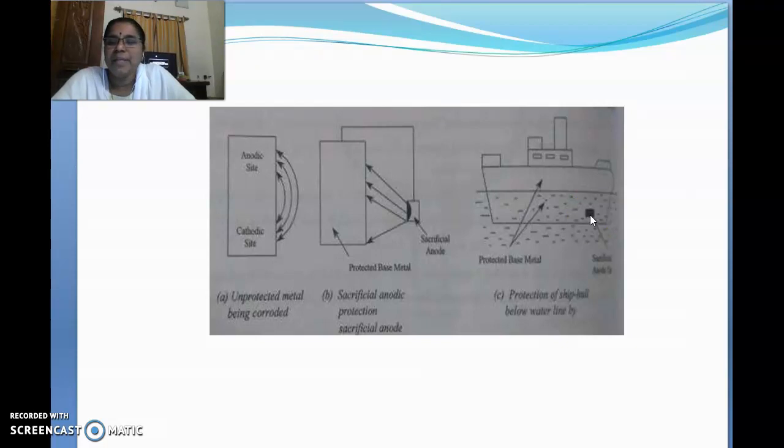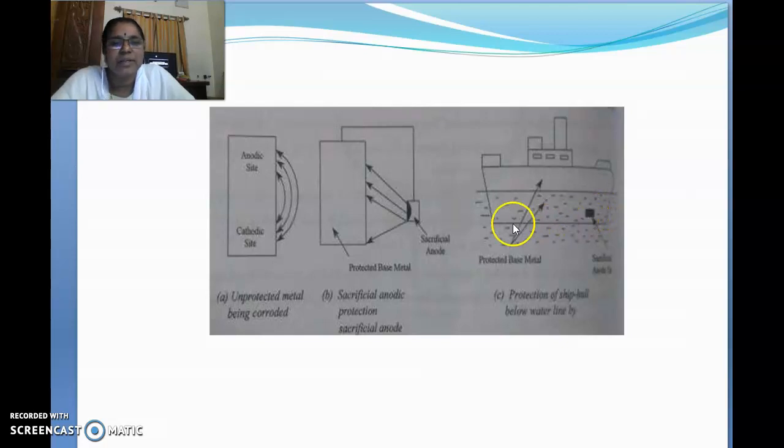The more anodic metal itself sacrifices so that it undergoes corrosion and protects the underlying base metal from corrosion. This type of protection is called sacrificial anodic protection.